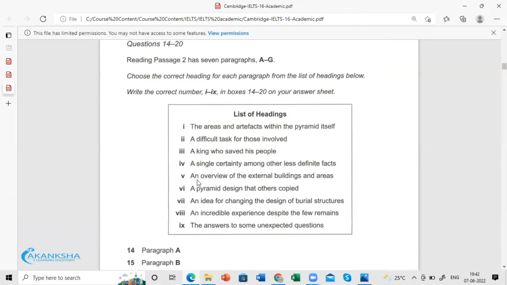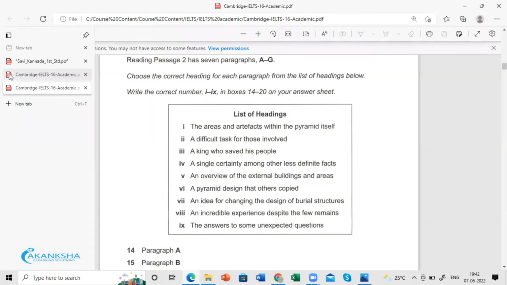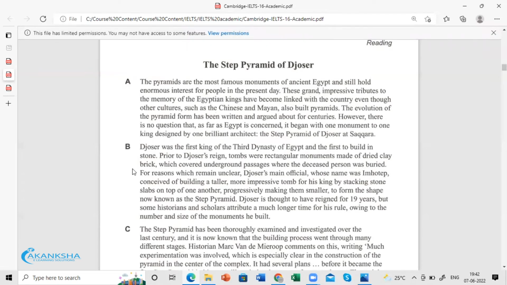Fifth one, overview of the external buildings and areas. Is it trying to talk about that? Overview means how the buildings and areas are and all that. Let's see if it is talking about it.